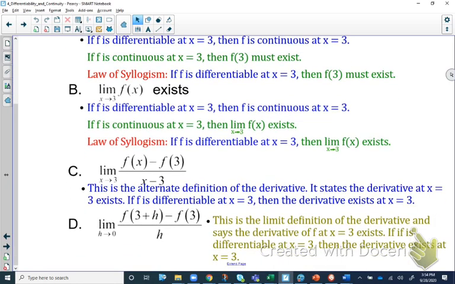I promise there won't be a ton of these writing types of justifications with these conditional statements and laws of syllogisms on your papers. But this is the logic behind how we're justifying that these statements are going to be true or not in some cases. This is going to bring us to the end of our lesson 4.